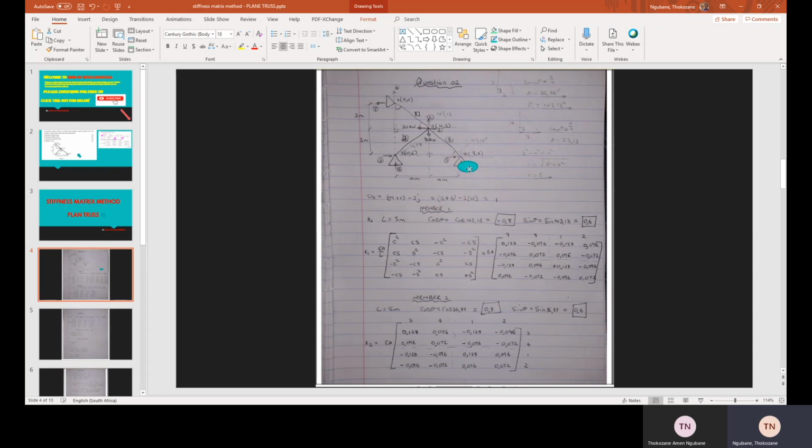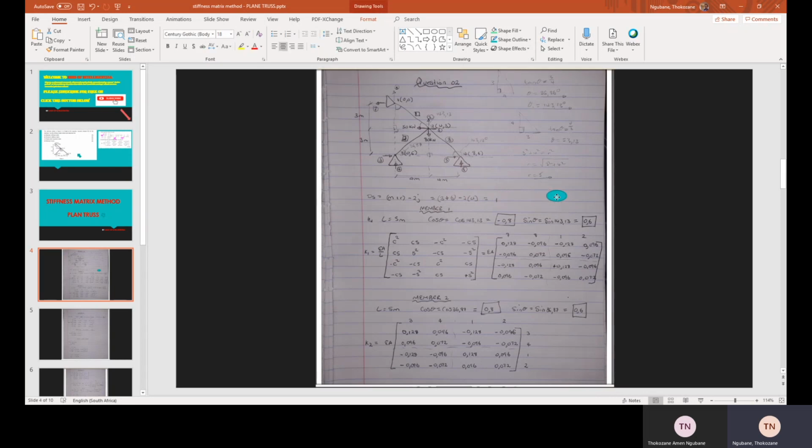They say all supports are pins, so we have 2, 4, 6. That's why I have 6 here. Then 2 times how many joints do you have? 1, 2, 3, 4. That's why I have 4. Then we get 1, which means our truss is indeterminate to the first degree.